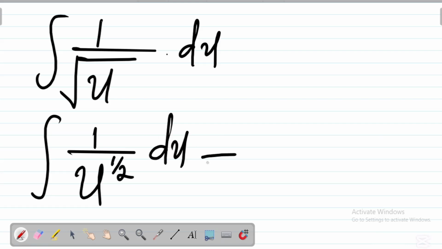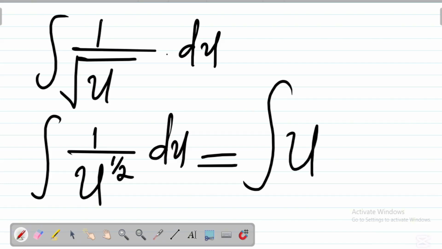So this can also be written as integral of u raised to the power negative 1 all over 2 and then du. This is also from the concept of indices. So our next task is to integrate and then substitute the value of u.